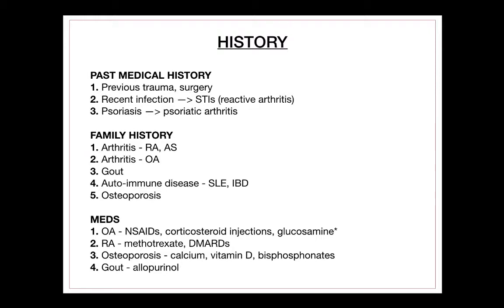Gout, and other autoimmune diseases, so SLE and IBD. As you know, autoimmune diseases run in clusters, so if they have other autoimmune diseases, it might mean they're more likely to have rheumatoid or AS, so that's important to screen for as well.